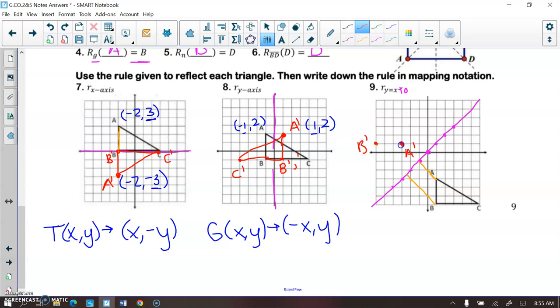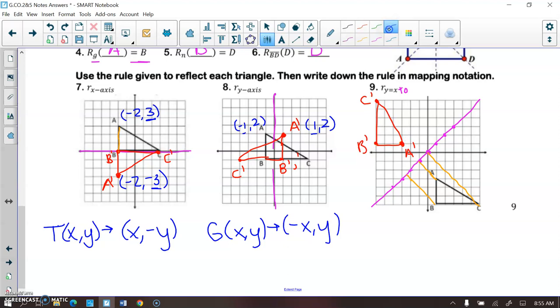And then C is 1, 2, 3, 4, 5, 6 whole diagonals away from our line of reflection. So C prime would be 6 whole diagonals away on the other side. So C prime would be located here. And this is what your triangle looks like.